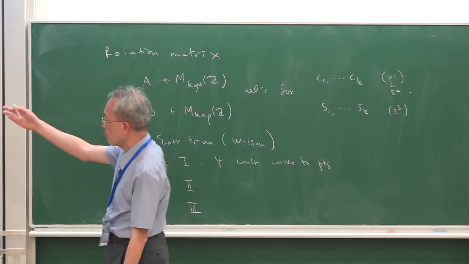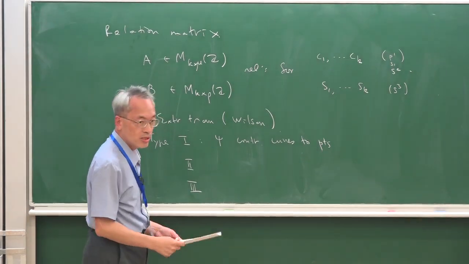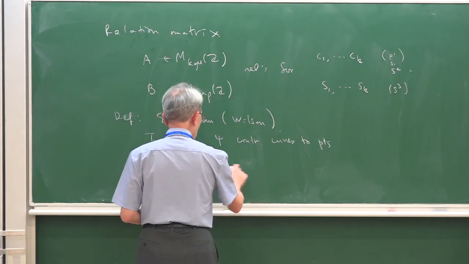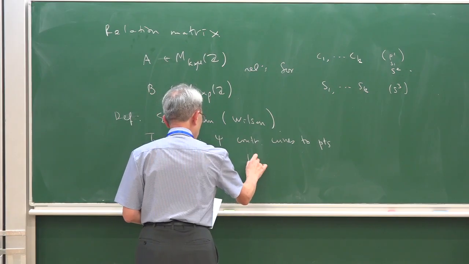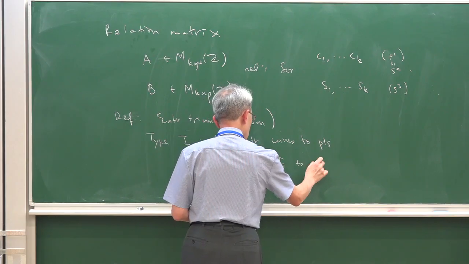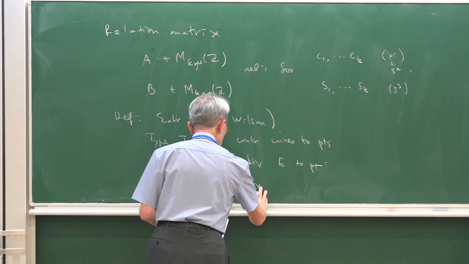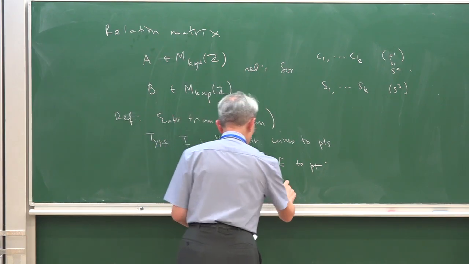And the conifold transition, of course, is type 1. Those are the simplest possible type 1. And for type 2, we contract a divisor to a point. And type 3 is where we contract a divisor E to a curve C.